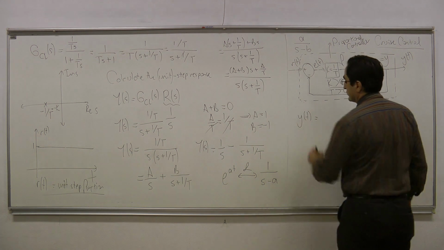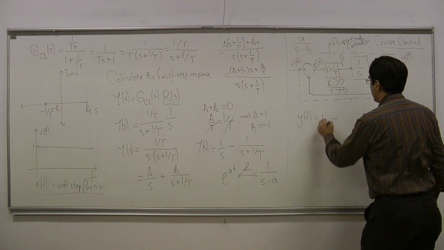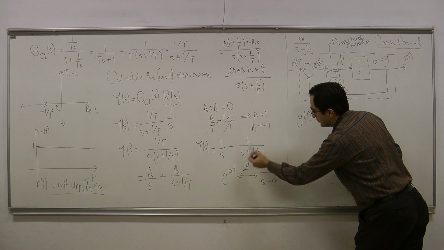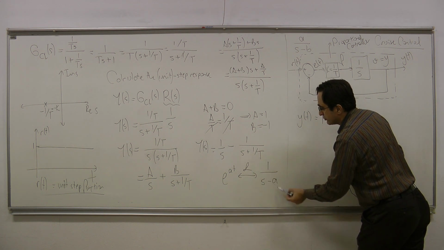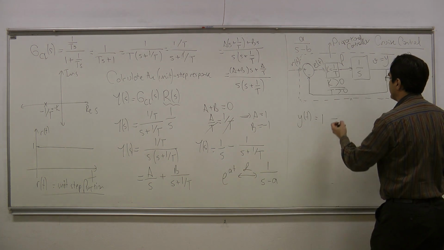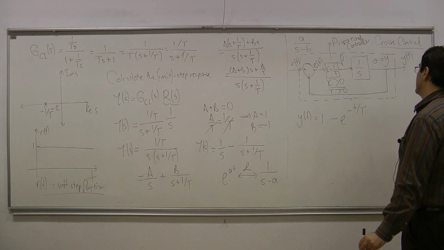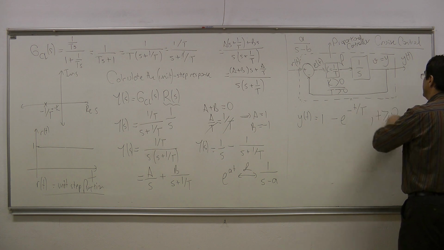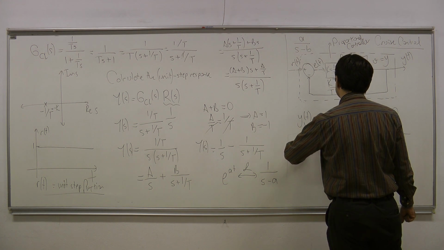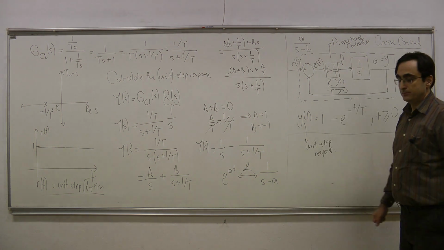Y of t is equal to inverse Laplace transformation of this term is 1, it is the unit step function, minus, if I use this fact here, what am I going to use for a? A is going to be minus 1 over t, so therefore we will have here e to the minus t over t as our inverse Laplace transformation. And this is true for t larger than or equal to 0. This is our unit step response for this system. Okay?